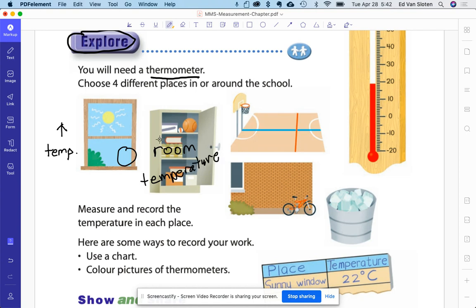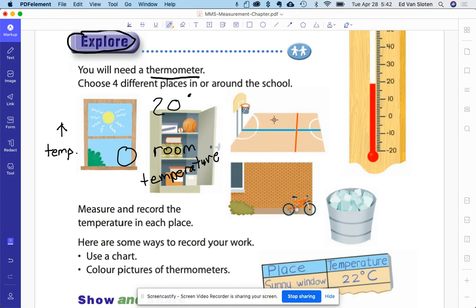If you have an open cabinet, you put a thermometer in there, you're going to get the room's temperature. And we human beings like this temperature, around 20 degrees Celsius is perfect, because you can wear a t-shirt and you're still very comfortable.